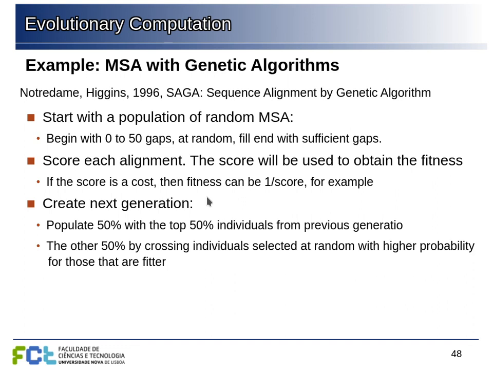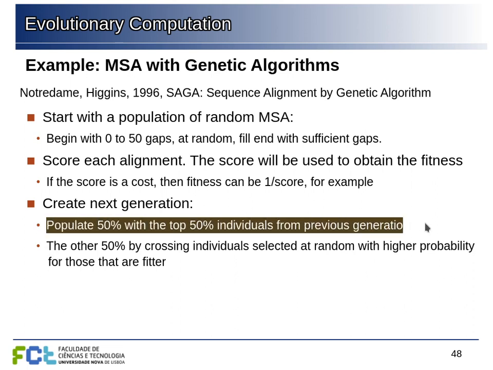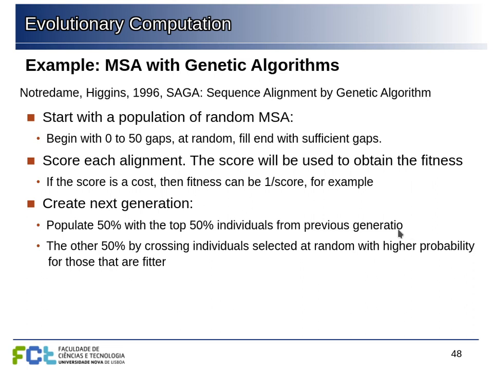If the score is something that we want to minimize because it's a cost, then we can use, for example, 1 over the score as the fitness value. But the idea is that fitness will tell us how probable it is that this individual will be selected for the next generation, and the higher the fitness, the higher the probability. Now, in this particular case, each generation was created by copying the top 50% individuals of the previous generation.